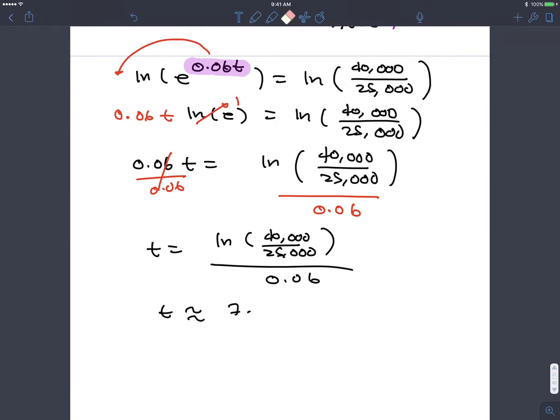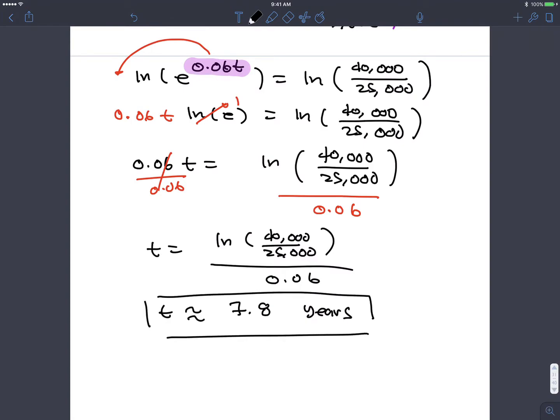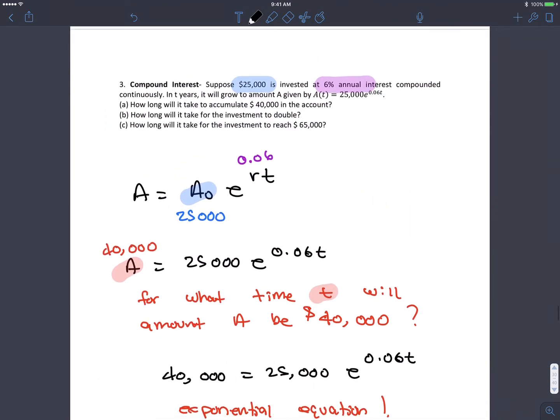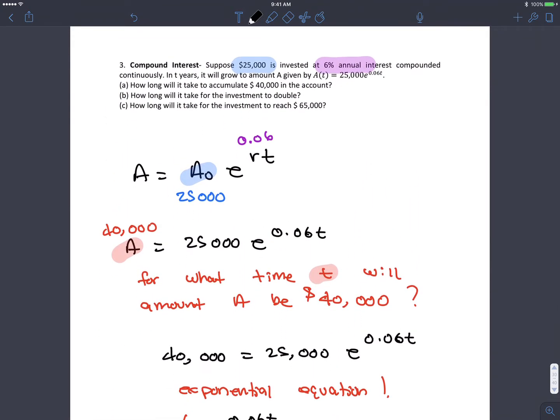And if we use our calculator, we get our time to be, if we approximate this to the nearest tenths, about 7.8 years. So what this means is it's going to take about 7.8 years for our money to grow to $40,000.